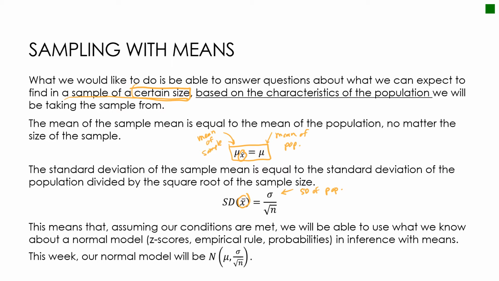That means, assuming our conditions are met, which we just talked about, we will be able to use what we know about a normal model, Z-scores, empirical rule, probabilities, etc., in inference with means, and our normal model is going to be mu, comma, sigma divided by the square root of n. Now this probably doesn't make sense yet, and that's okay, because it really makes so much more sense when we look at an example.